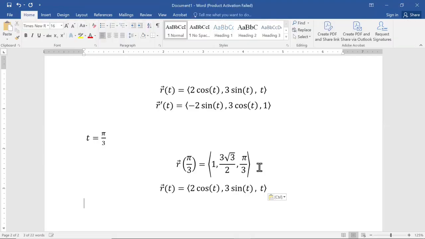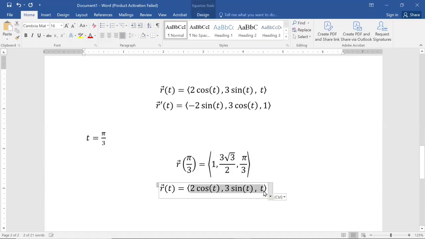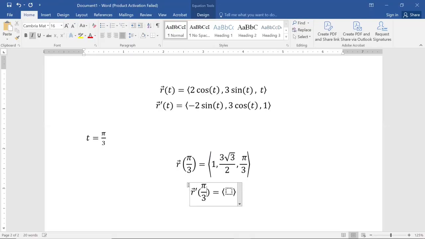In a similar way, if I take the derivative of r and I plug in pi over 3 into that, well, remember sine gives me root 3 over 2 when I plug in pi over 3. So I get negative 2 times square root of 3 divided by 2. That's my x value. Cosine gives me 1/2 when I plug in pi over 3.